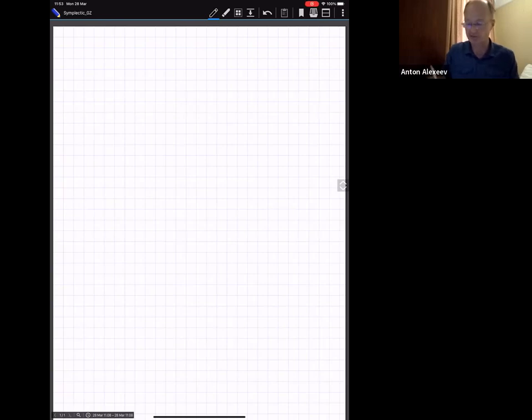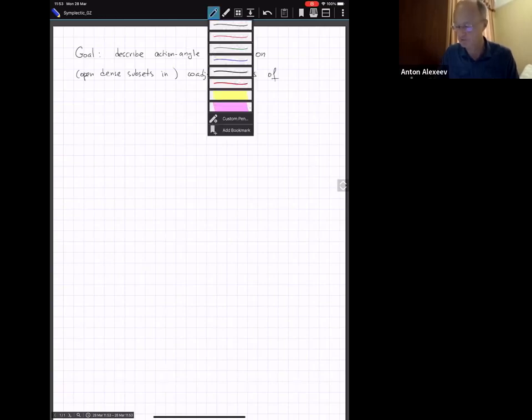So the goal today is to describe action angle variables on open dense subsets in coadjoint orbits of UN.